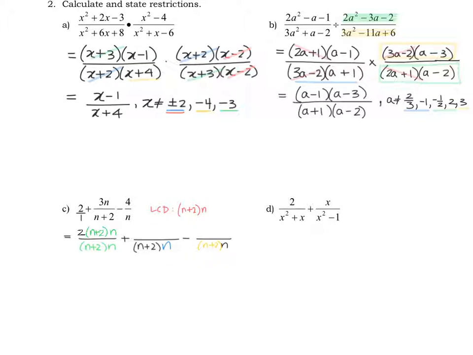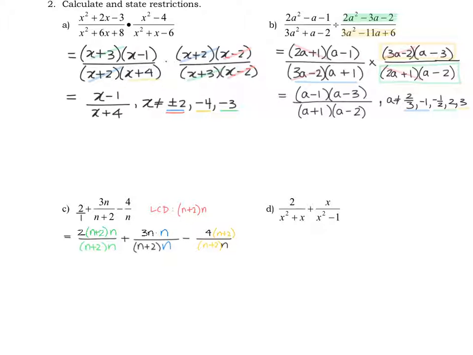And then for the next expression, it used to be 3n over n plus 2. So what's missing is my n, and I'm going to multiply both numerator and denominator by n. And for my last expression, it used to be 4 over n. So it's missing the n plus 2, and I'm multiplying both numerator and denominator by n plus 2.